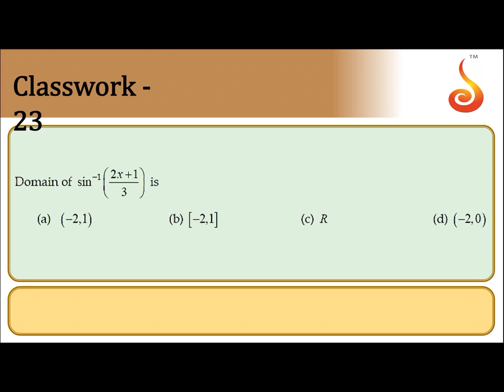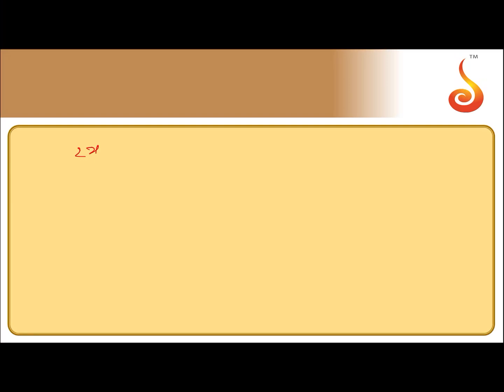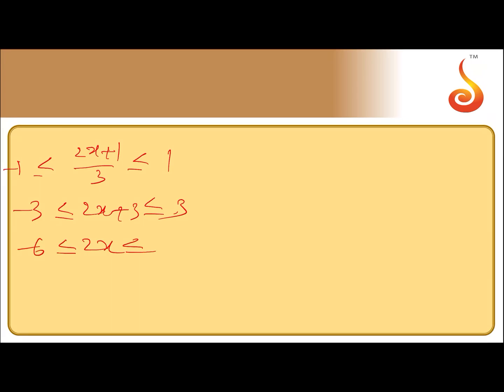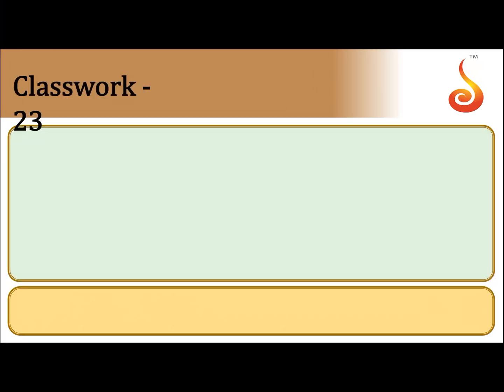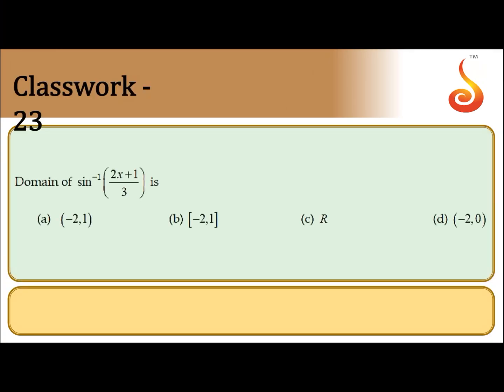How would you go about it? The domain of sine inverse lies between minus 1 and plus 1, so (2x plus 1) by 3 should lie between minus 1 and plus 1. So 2x plus 1 lies between minus 3 and plus 3, and 2x lies between minus 6 and 0. So x lies between minus 3 and 0. So the answer is minus 3 to 0 for this one.